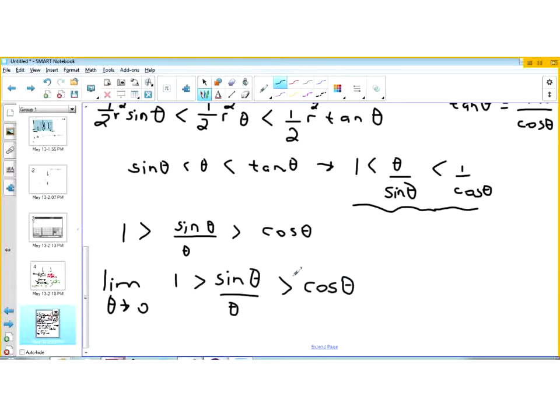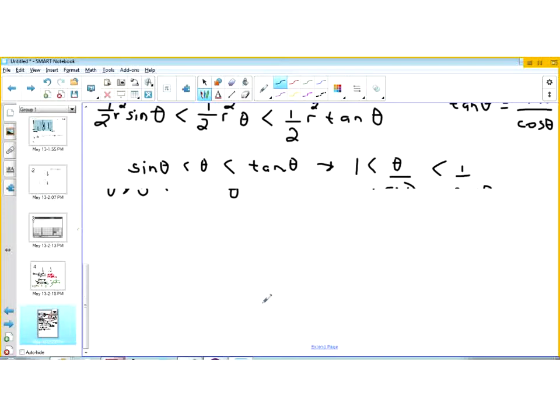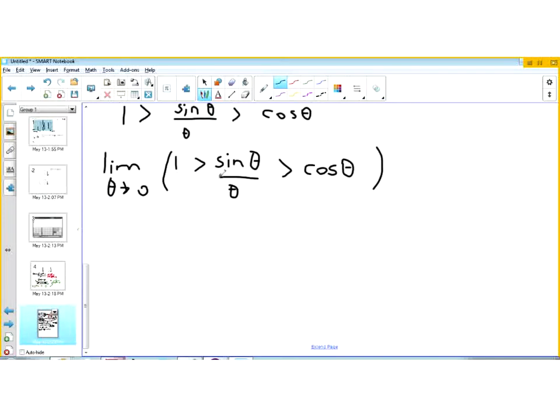One of the things I'm about to show you, which we'll discuss in the next section, are the so-called limit laws. But for now, I can take this limit operator and distribute it to each term participating in this inequality chain. So simplifying this expression, I can say this.